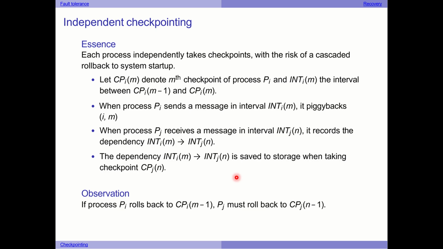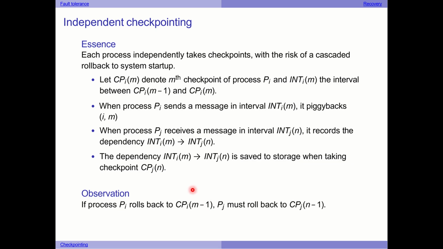So why are dependencies important here? If we undo something in process P I, the question is, do we need to also undo something in process P J? Basically, if process P I rolls back to the previous checkpoint, M minus 1, P J might also be rolled back.